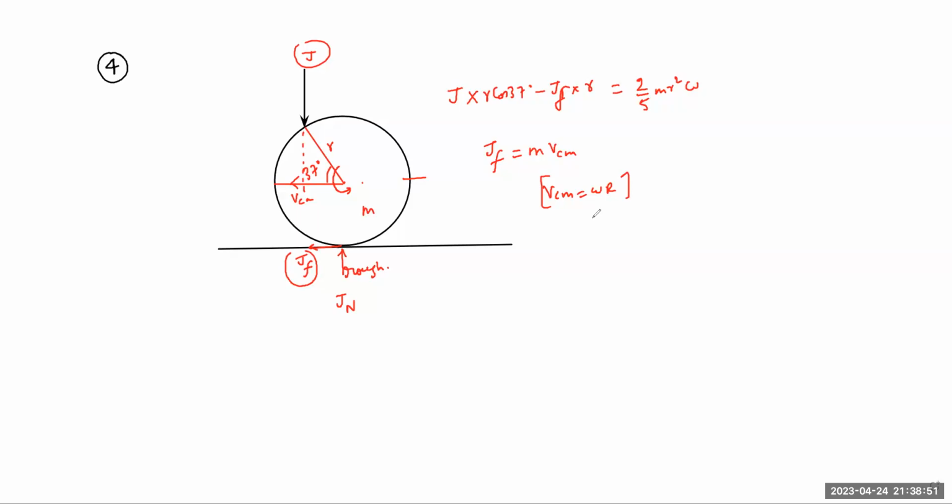Next is again conservation of angular momentum, but about different things. Let me read it. Uniform rod of length L. Let me draw the rod first. Of mass M and length L, right?